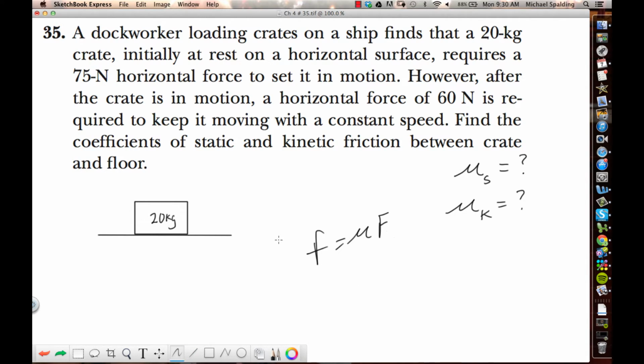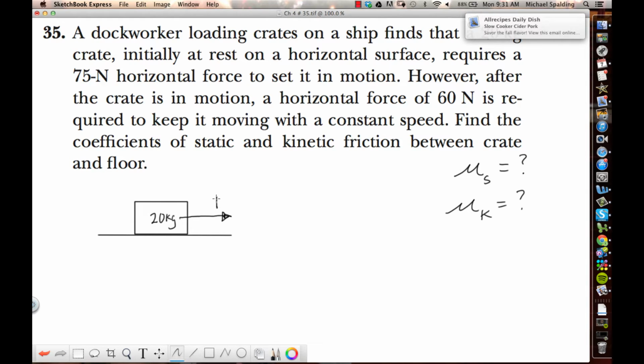The thing to know about friction, as we said, is that once you overcome the static friction, the kinetic friction is always less. You know that from just being alive. So this guy pushes on this box here. Now look, when this applied force is 75 newtons, that's when the box starts to move.